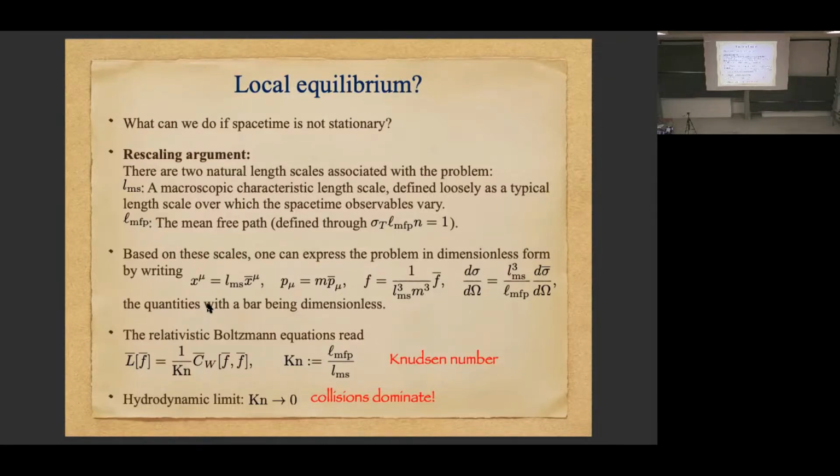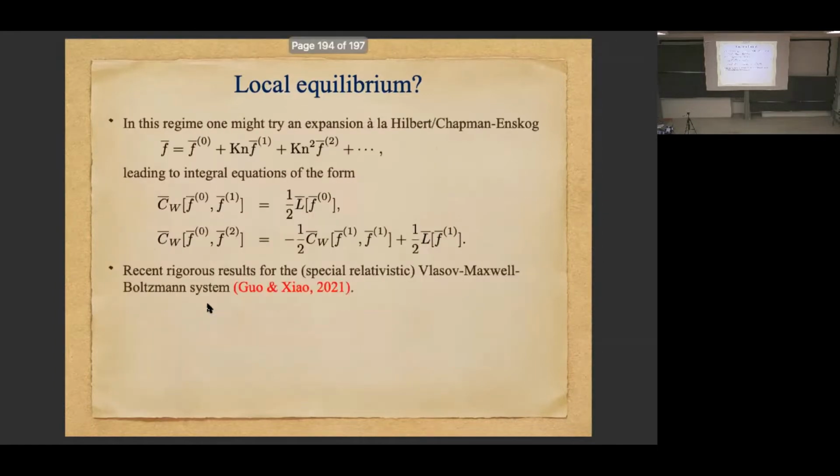Okay, and now you can look at different regimes. You can look at what is called the hydrodynamic limit. This is when the mean free path is very small compared to this macroscopic length scale. And this is the one where the collisions actually dominate. So you see if Kn goes to 0, then formally in this equation, this term will dominate.